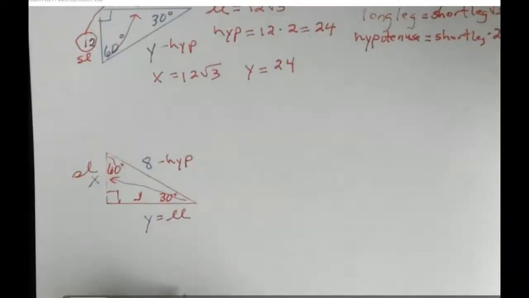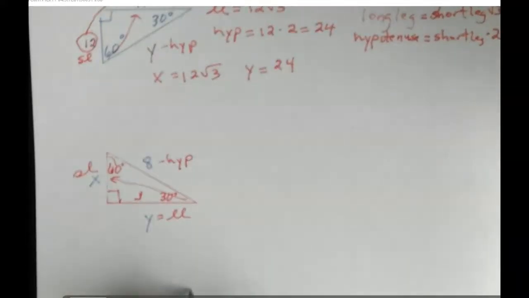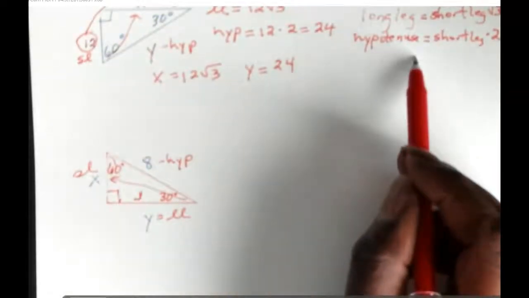Okay, now remember, we're trying to find the short leg and the long leg, and mostly everything is defined according to our short leg. Okay, so let's find the short leg. Now it says that the hypotenuse is equal to the short leg times the square root of 2.